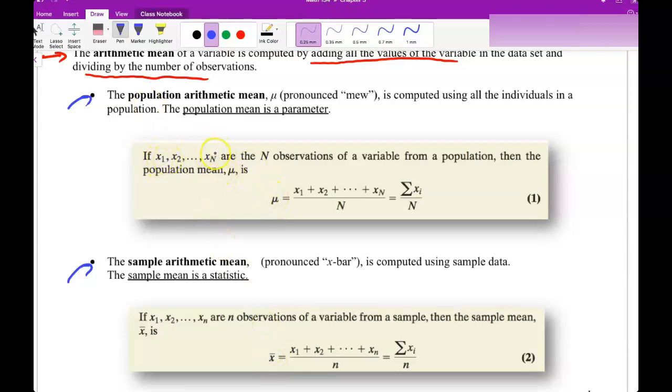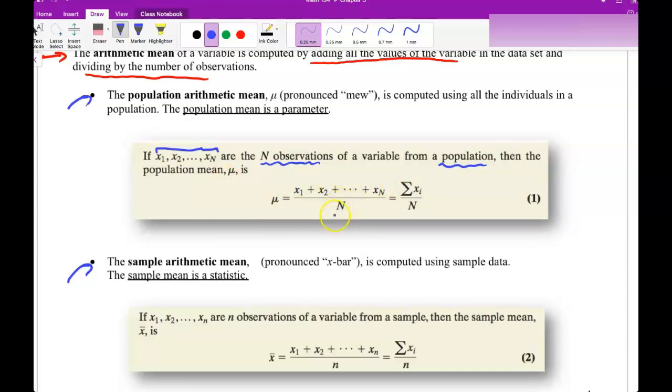Here we have all these observations, x1 up to xn. So we have n observations in total, because that is xn, from the population. The population mean is adding all these observations on top, divided by the number of observations we have.